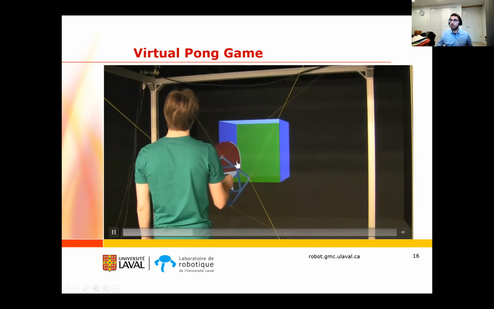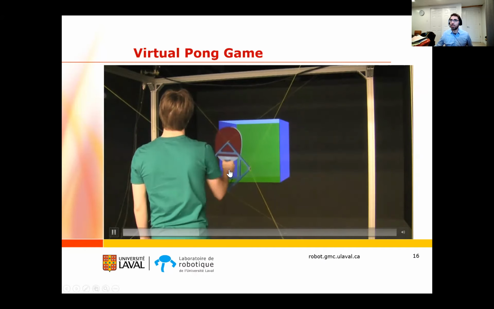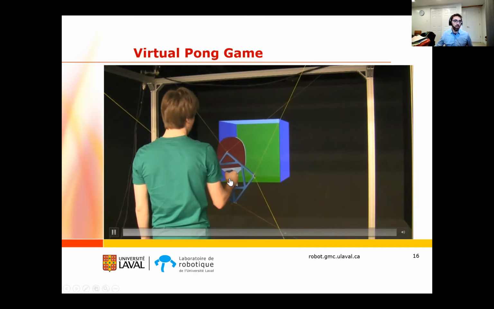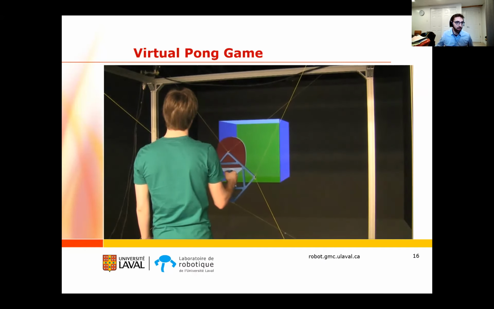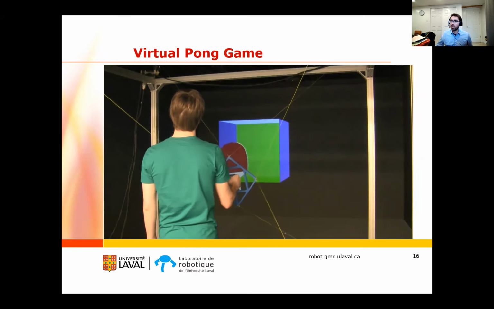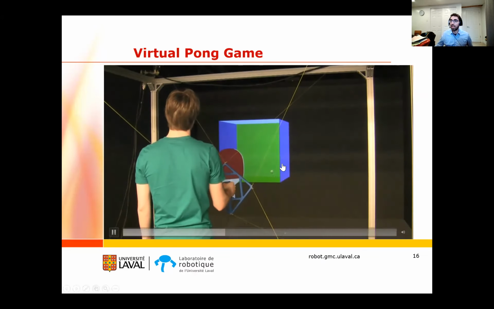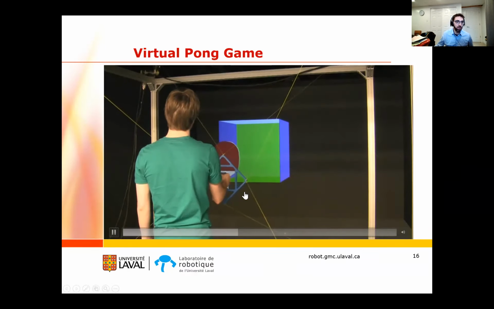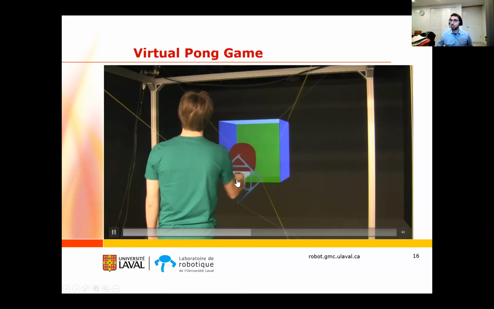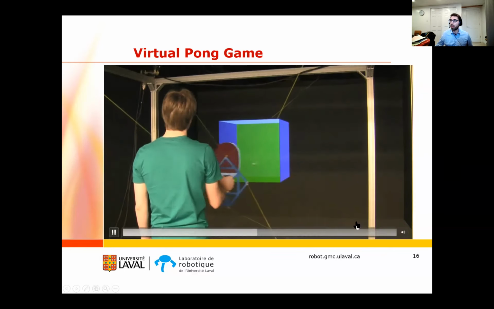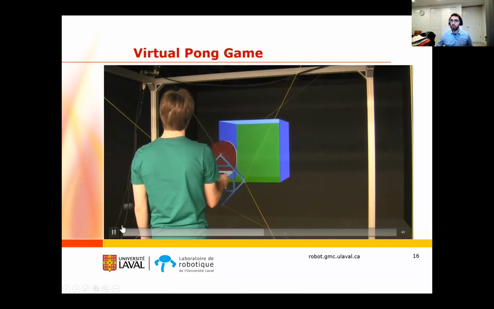The paddle that you see is not real. It's projected on the walls, and as the user hits the ball, he feels the weight of the ball. So we were able to apply a force that was quite realistic. It would have been realistic if you played ping pong with a steel ball.